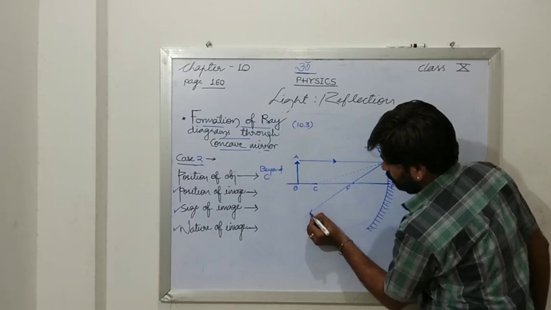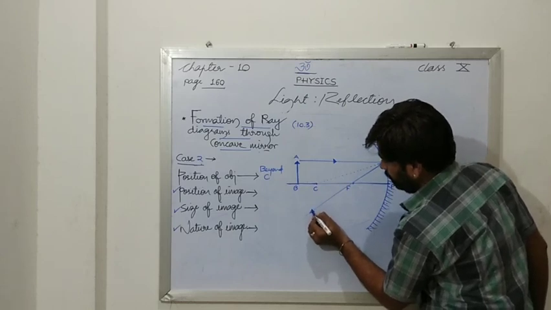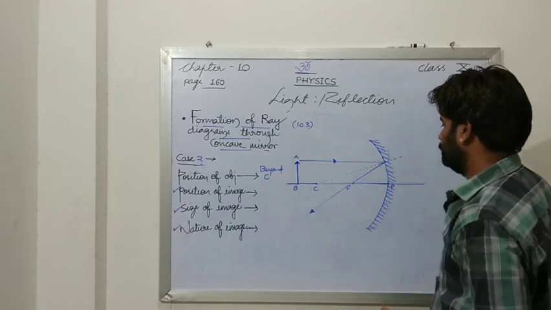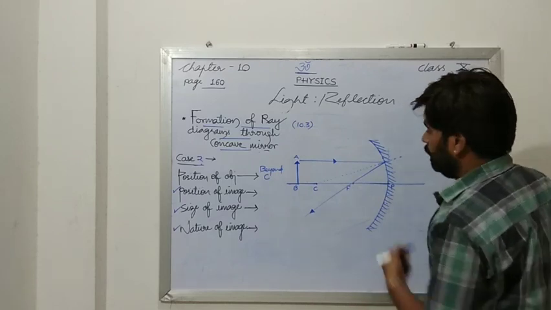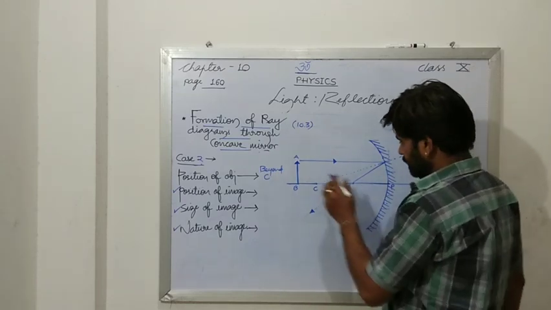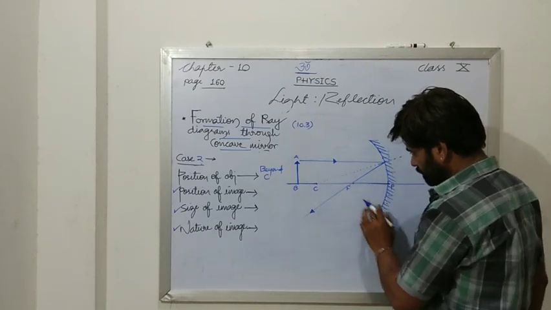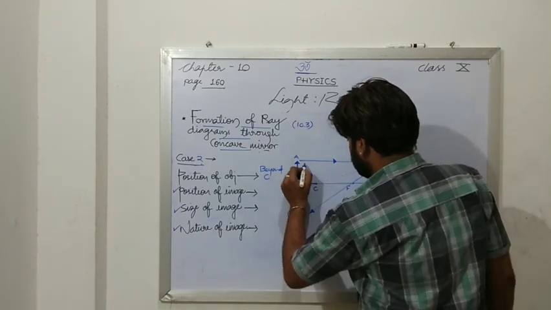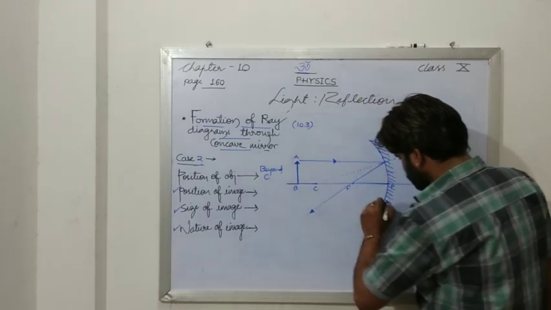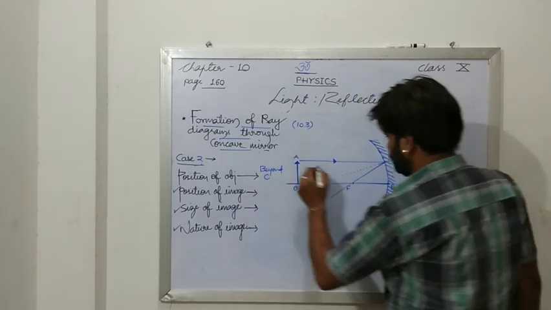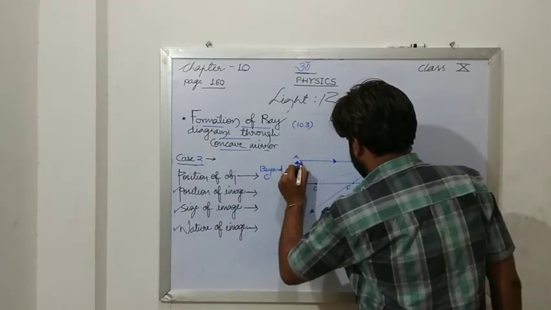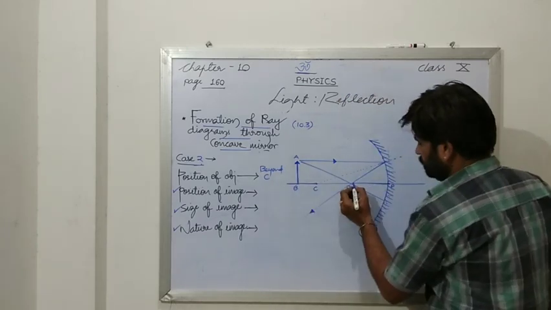No problem. Now what? Rule number 2. You may apply any rule, but according to this situation, let us say rule number 2 says a line which passes through the focus just after reflection, a ray passing through the focus almost.